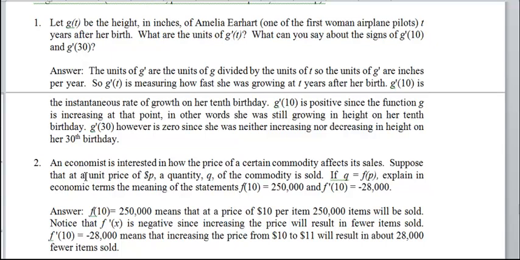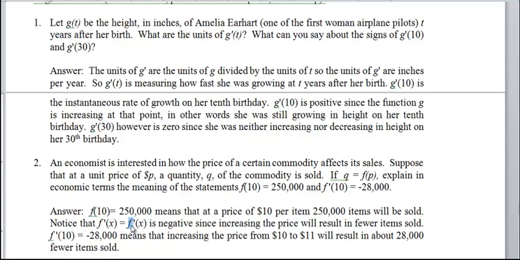Now, what is f prime of 10? Notice we should have been able to tell that f prime of 10 was negative regardless of whether they told us that or not. Why? Because think of what happens if you increase the input.